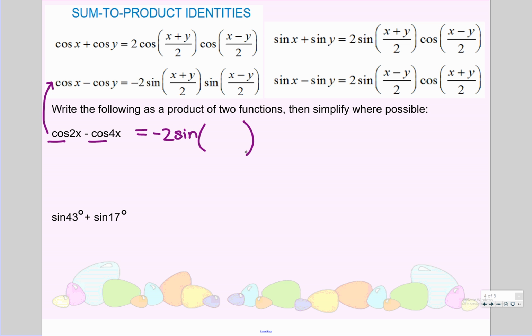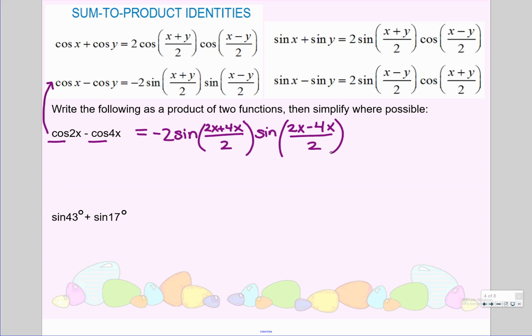And then inside these angles, you're either adding or subtracting and dividing by 2. So this says x plus y divided by 2. That just means take my two angles, add them up, divide by 2. So 2x plus 4x over 2, and then sine again, and then subtract them: 2x minus 4x over 2.